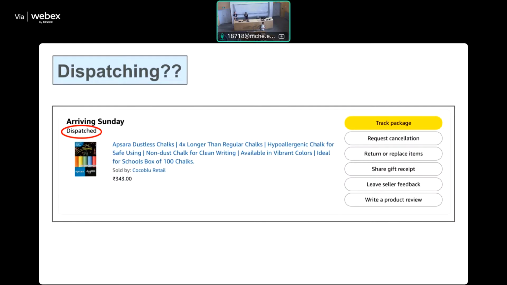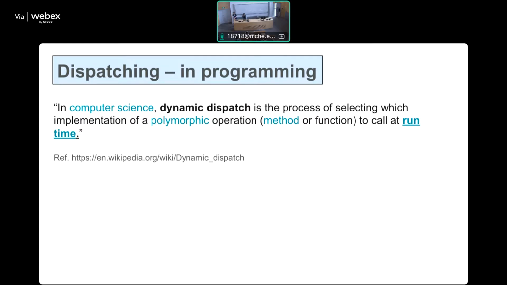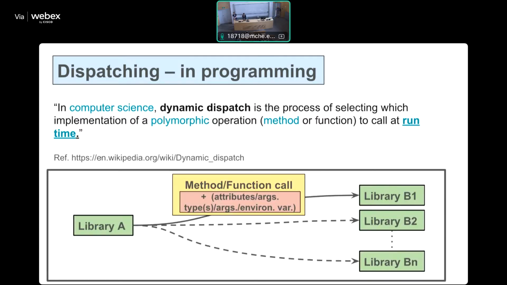Dispatching in a very general sense is like going from point A to point B, and how do you reach point B by some delivery address information. In programming it's kind of like that: you take a function call from the user and send it to another library, and the address is like an attribute of the function, or the argument types, or maybe a global environment variable or configuration.